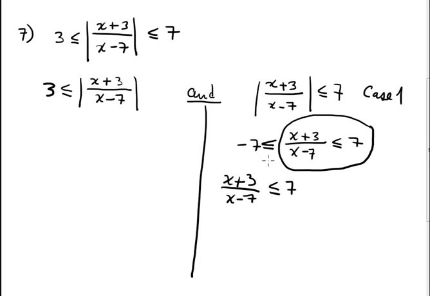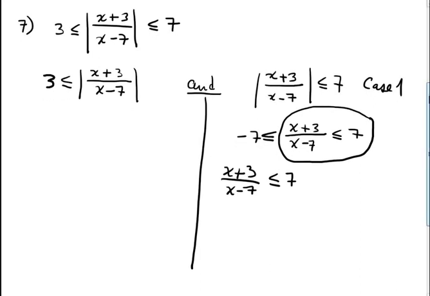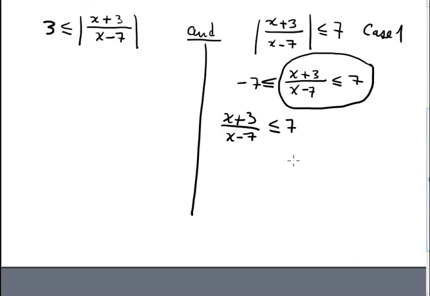Okay, let's solve this first. Remember, for solving any problem, you must write the right hand side like a 0. So x plus 3 over x minus 7 minus 7 less than or equal to 0. LCD: x minus 7.